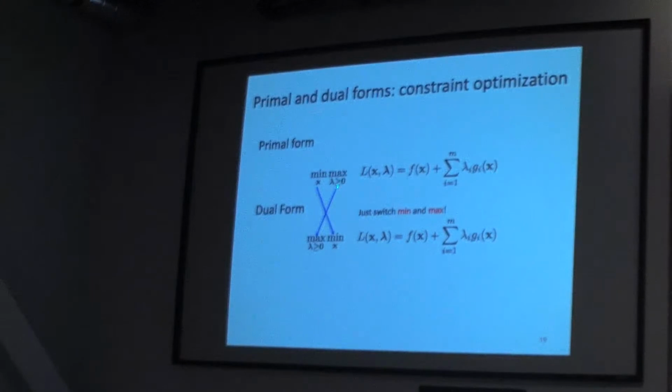And now, if instead, in the inner level, we minimize the Lagrange function with respect to x, then in the outer level, we do a maximization with respect to lambda. Right? So what's the relationship between these two optimization problems? The second one is called the dual form.